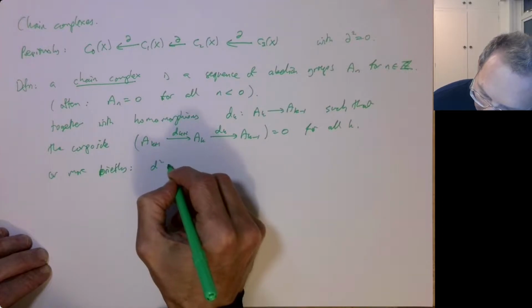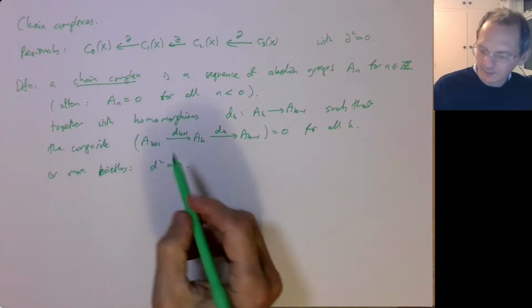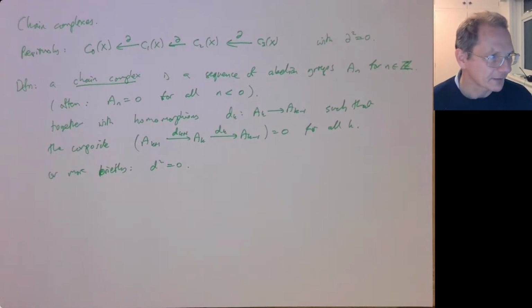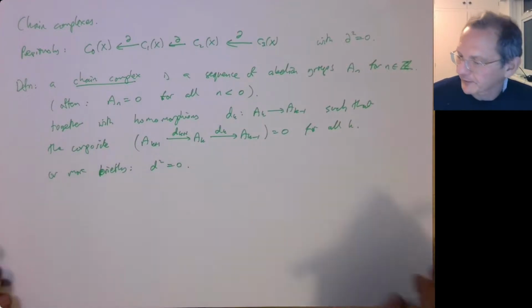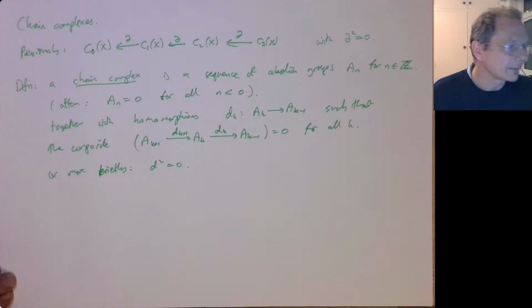One might say that more briefly, we just say d squared is 0. So we won't write these subscripts k unless it's really necessary to clarify a particular point. So that's what we mean by a chain complex.